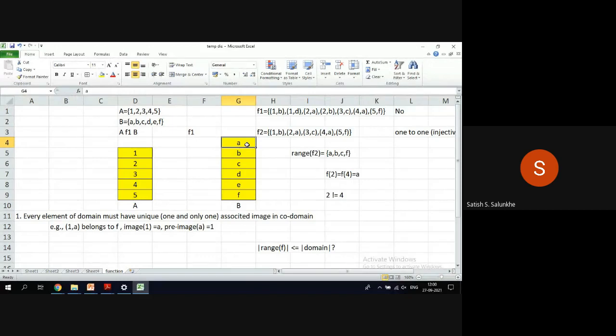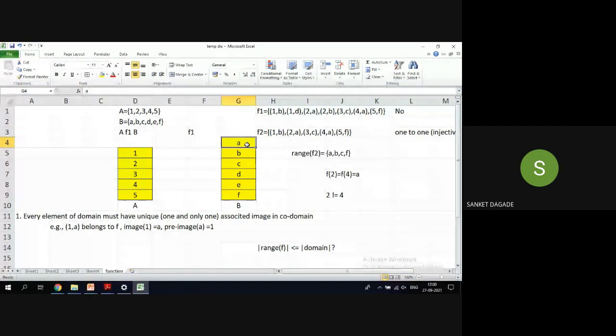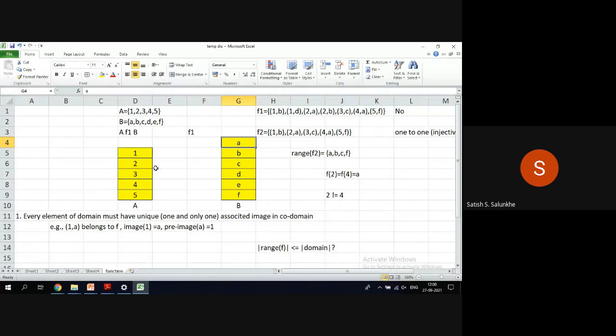Sanket, I am asking you. What is the pre-image of element A in the domain? Look at this function f2.